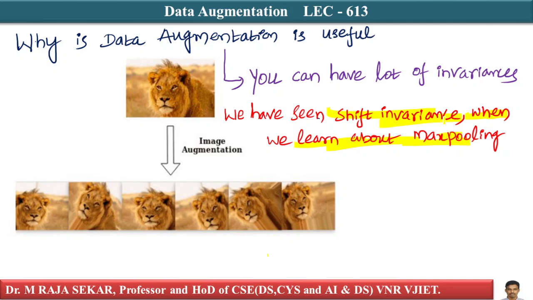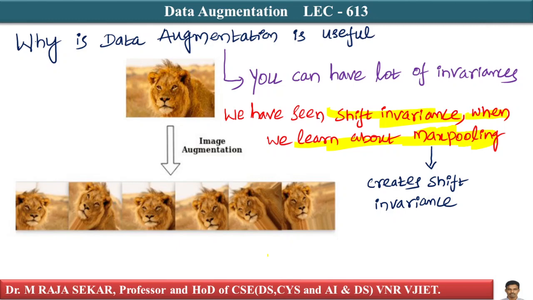By doing data augmentation, I can get any invariance I care about. I can get rotational invariance, zoom invariance, shear invariance.